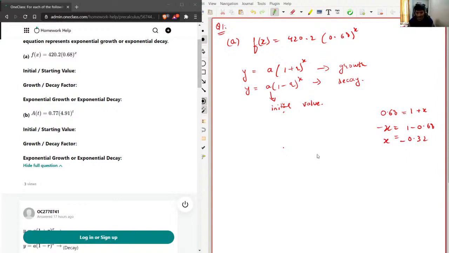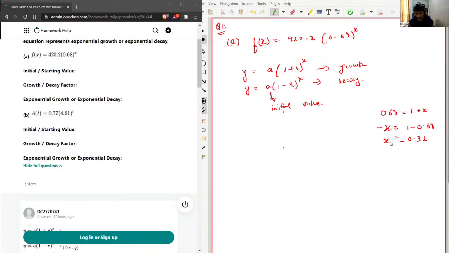Now we were taking the case of growth, with a positive sign, and if it is negative, then it will become negative. But if we start with the negative sign, then later on it will become positive, and it can change your solution. So it is better to take 1 plus x equal to the number inside the bracket, such that you get the magnitude as well as the sign of this number.